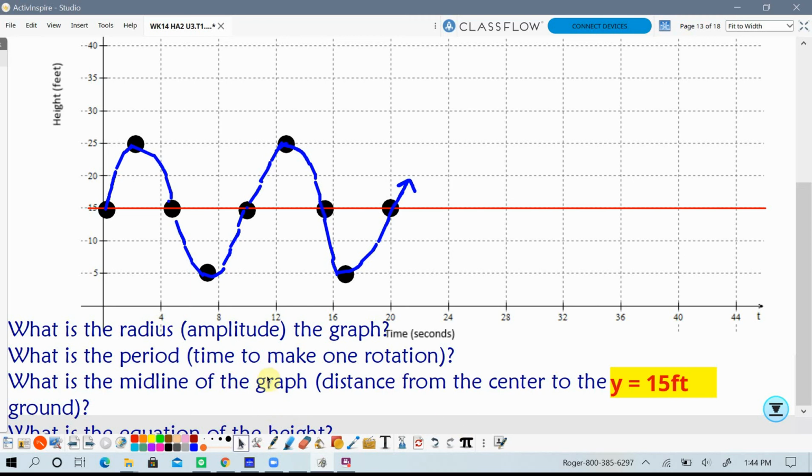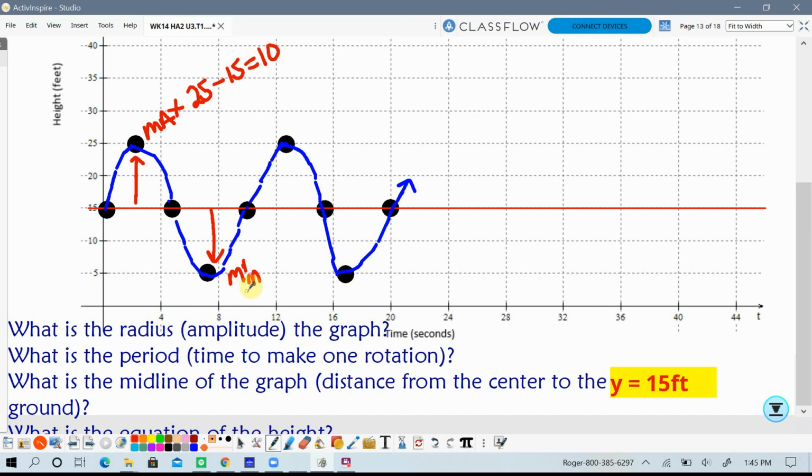Y equals 15 feet. Now that you have it, you can identify the radius, which on the graph is the amplitude. If I measure how far the midline is from the maximum point, and this is a maximum point where this is a minimum point, I take the maximum value, 25, and subtract the midline, and I get a difference of 10.